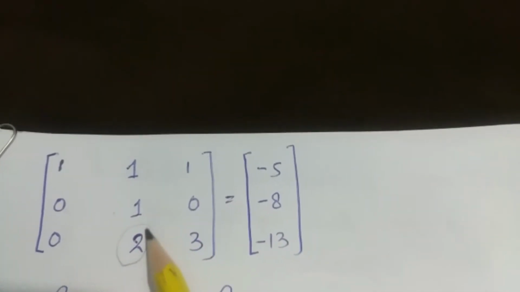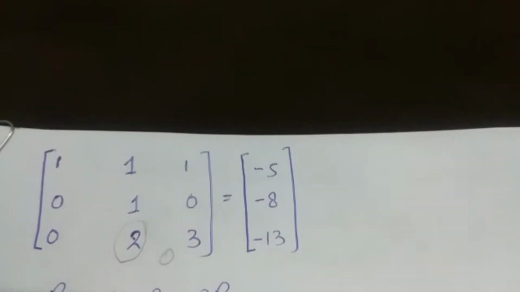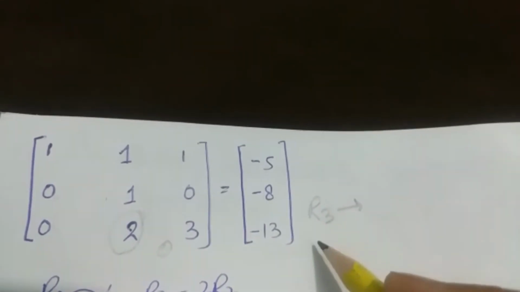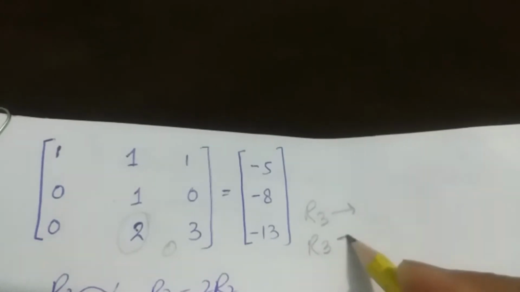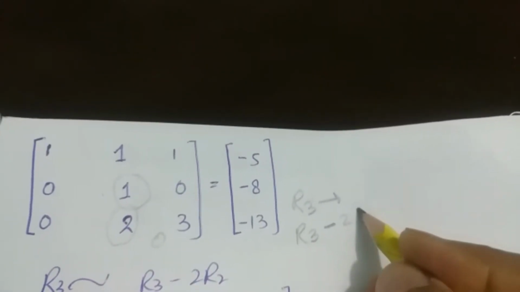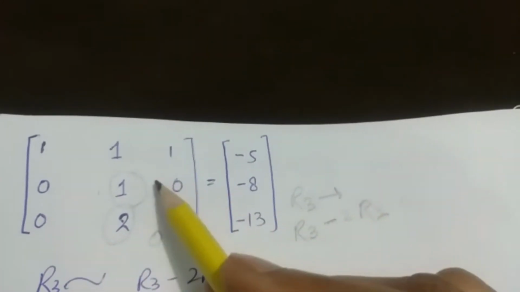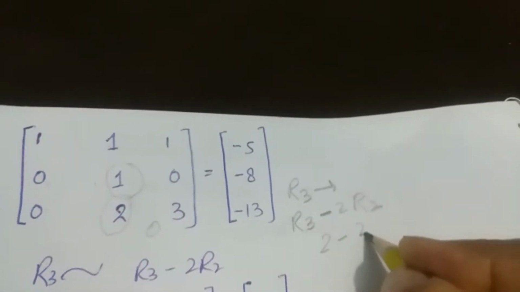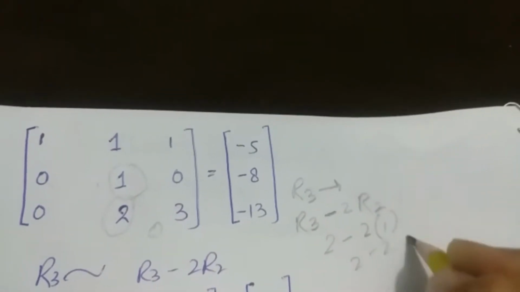Now what do we have to do? Convert this one into 0. How do we get this into 0? Students, we need the change in R3. It means R3 minus, if we multiply this row by 2 and subtract from R3. 2 minus 2 multiplied by 1, 2 minus 2 equals 0.